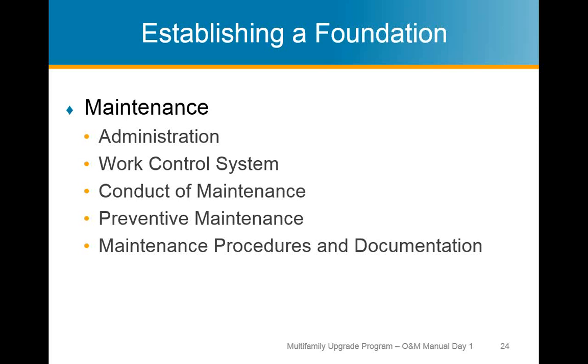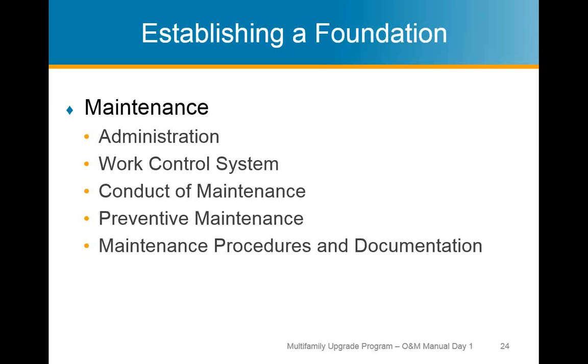So then work control system, again, this is to control the performance of the maintenance in an efficient and safe manner, and that we don't lose sight of what is economical, what is safe, and what is reliable in terms of operations as we work towards better optimization, better efficiency.